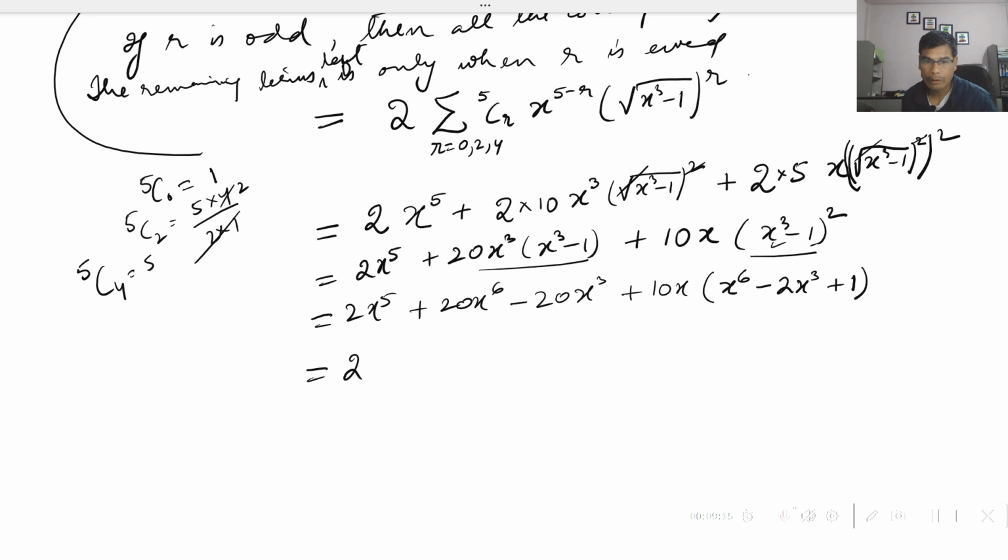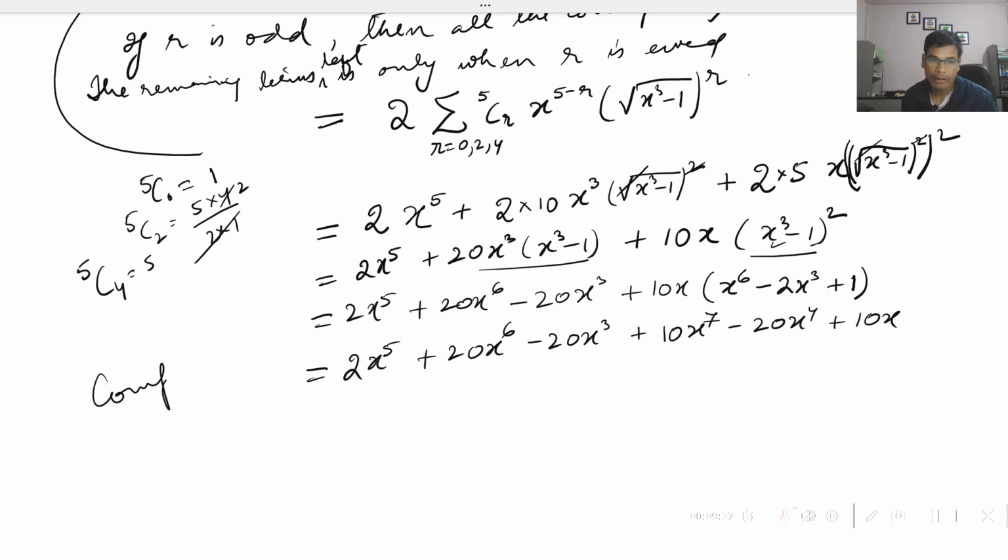So finally we have 2x to the power 5 plus 20x to the power 6 minus 20x cubed, then plus 10x to the power 7 and minus 20x to the power 4 plus 10x.